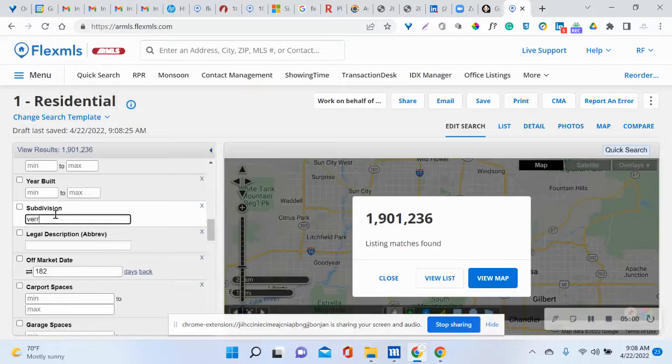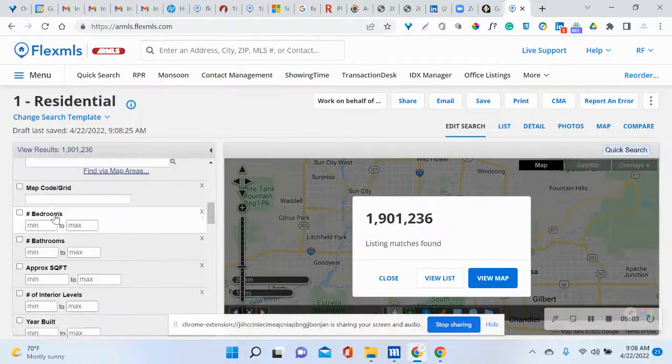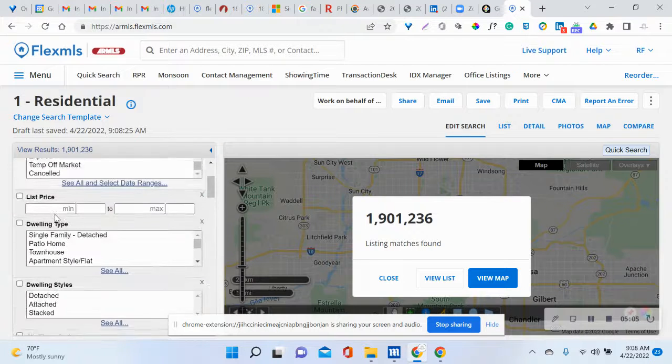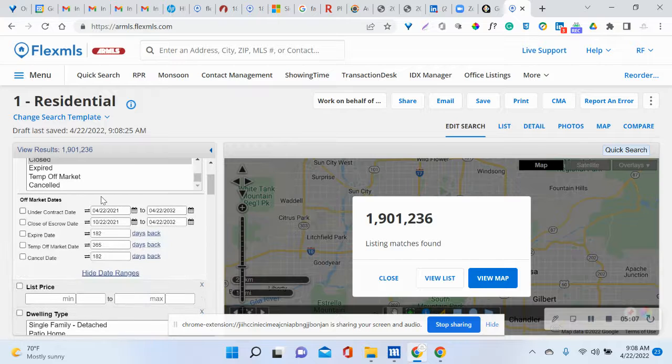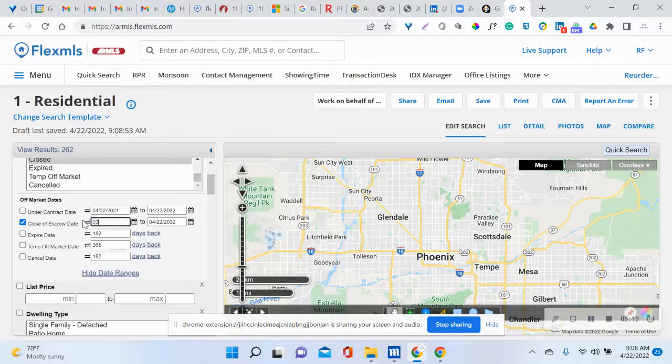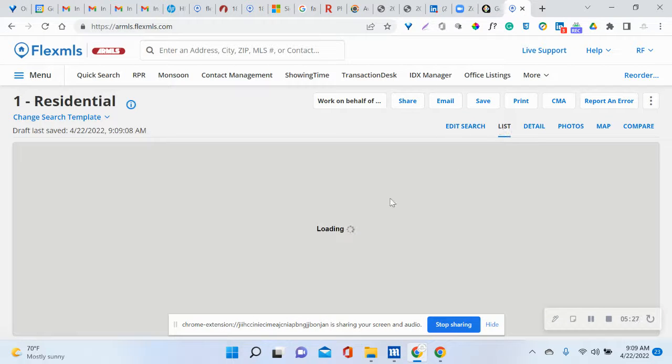So let's go to Verrado, and we're going to look at everything that closed in the month of March. Okay, so it looks like there were 56 sales.